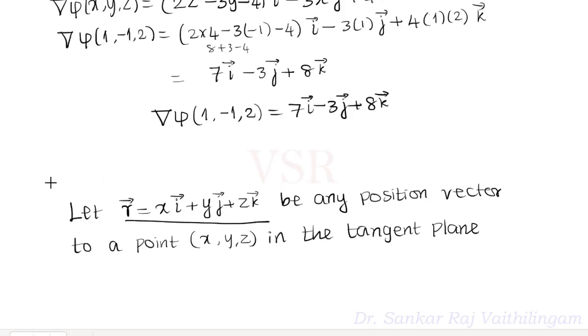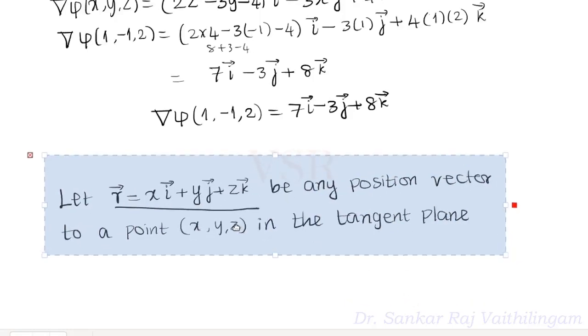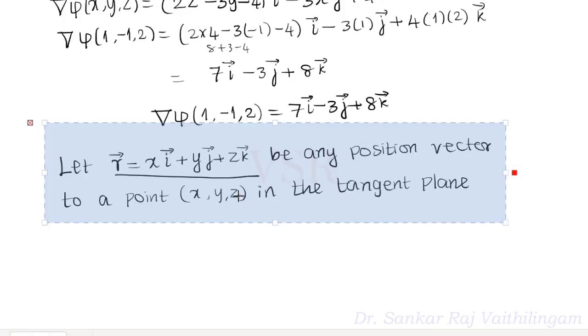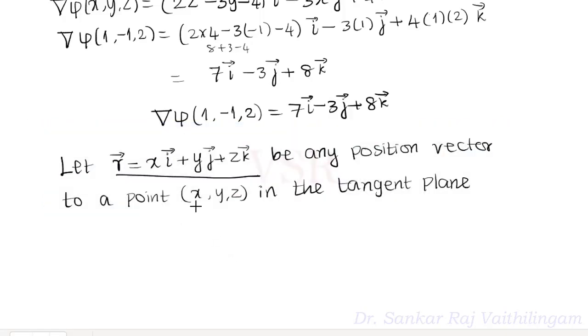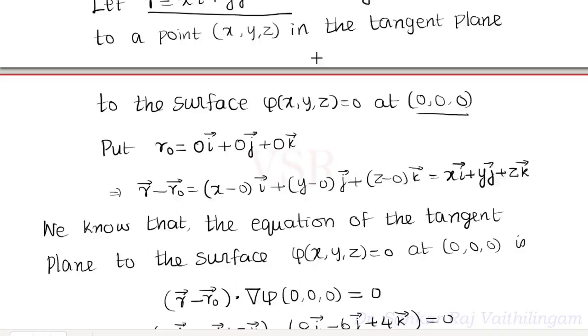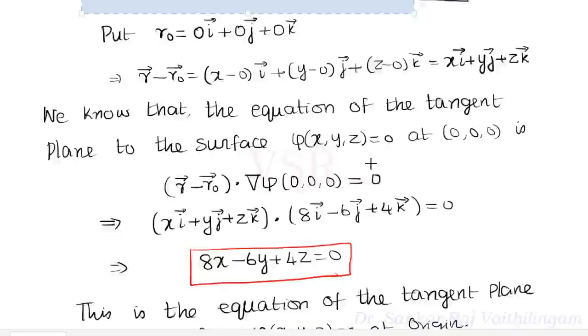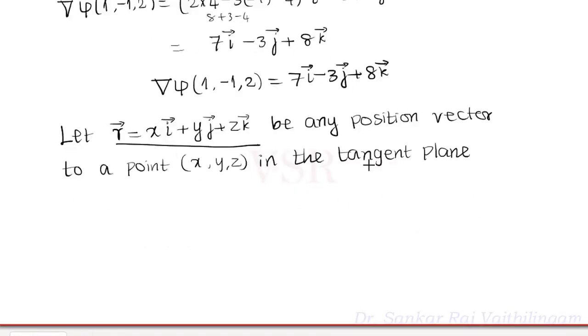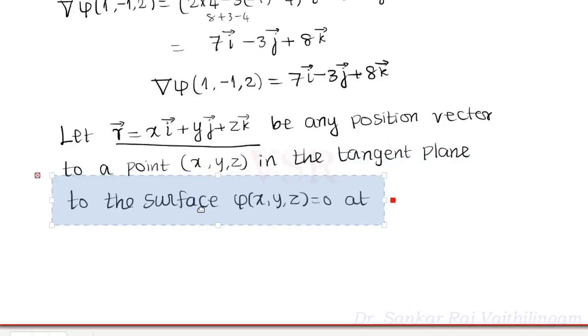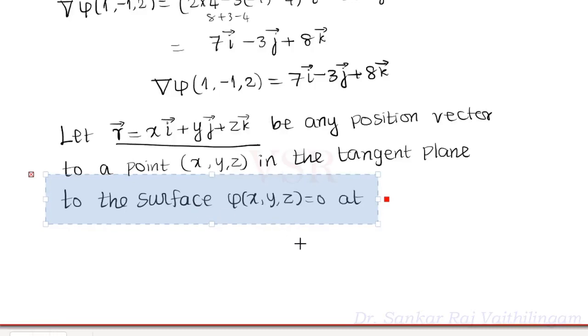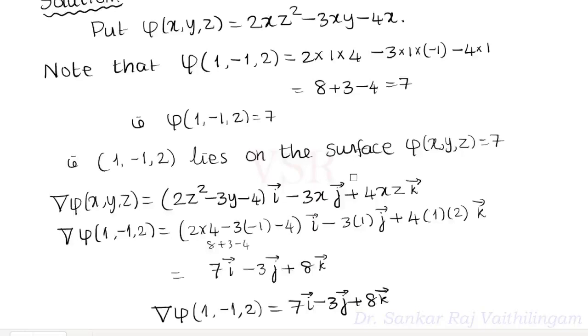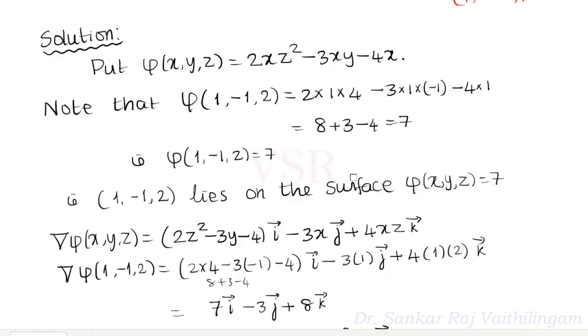Okay, so let this is a position vector to the point x y z in the tangent plane to the surface phi of x comma y comma z which is equal to, இது என்ன surface, phi of x comma y comma z which is equal to 7.